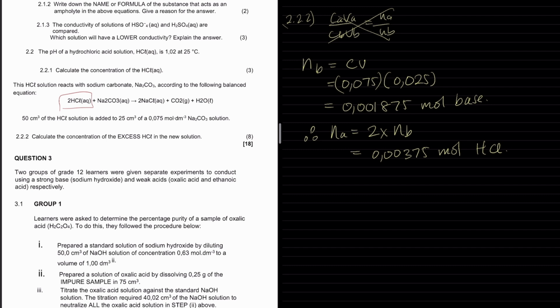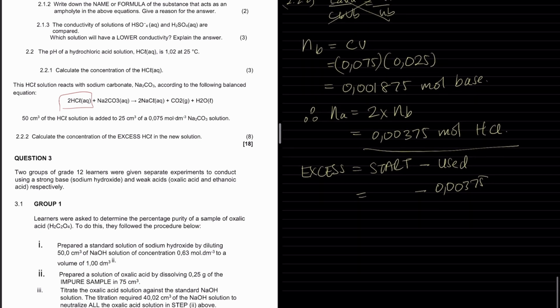To get the amount that's in excess, you need to take the amount that you started with and minus the amount that you used. The amount used is 0.00375. We need to figure out how much we started with. The number of moles at the start equals C times V. The concentration is 0.095.